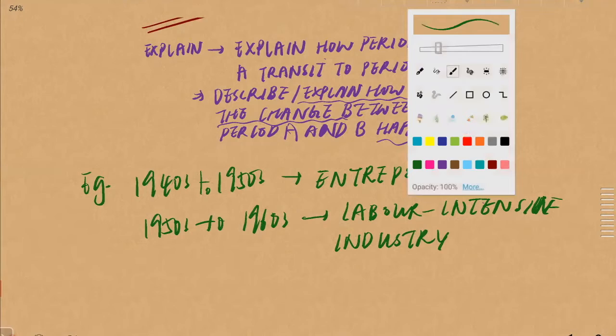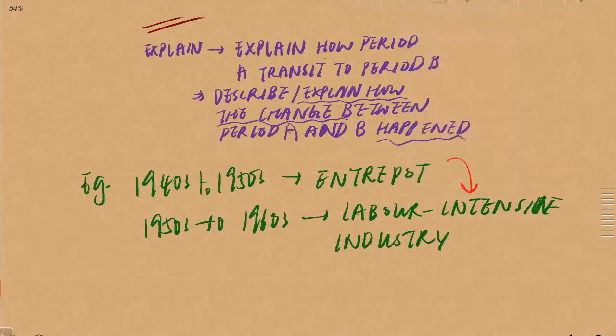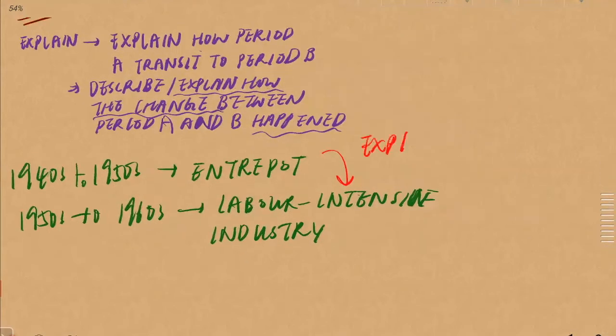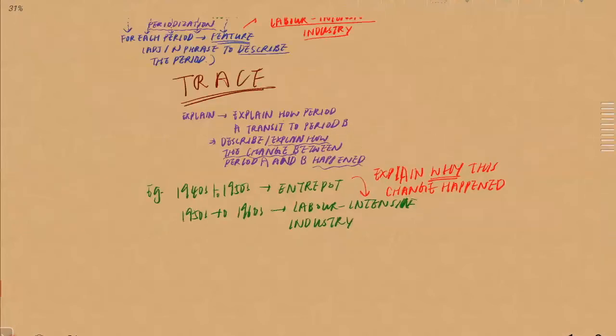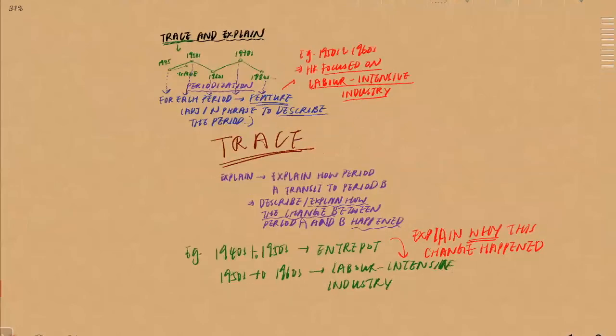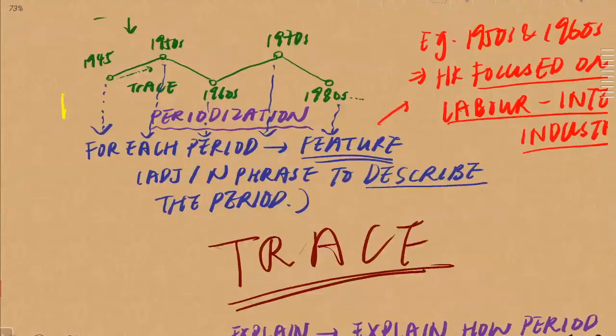So, for explain, we will need to explain in this part how come Hong Kong changed to focus on labor-intensive industries from the 1940s to 1950s entrepôt trade. So why suddenly did Hong Kong change to focus on labor-intensive industry? This is what we need to explain in trace and explain questions.